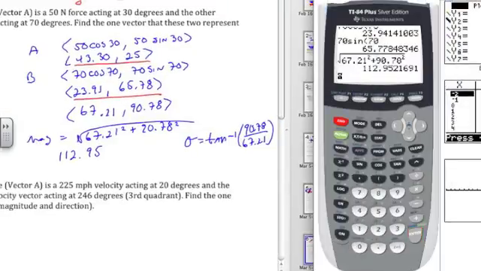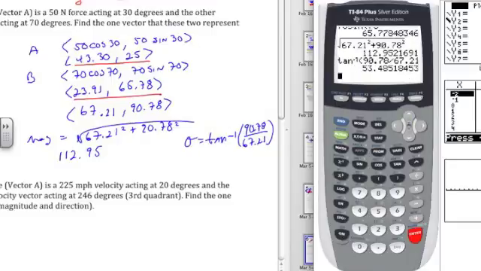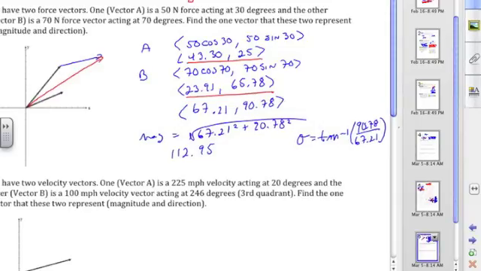So second tangent of 90.78 divided by 67.21. So 53.48. And if I look at my picture, it does look to be about that.